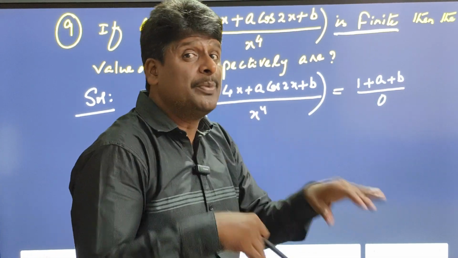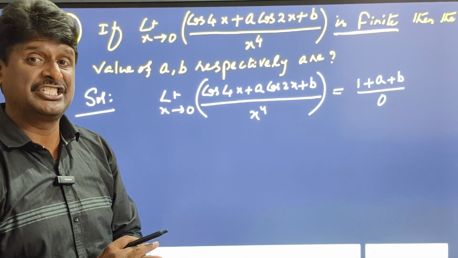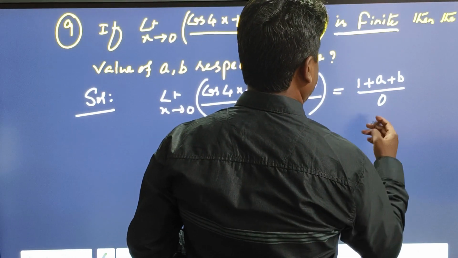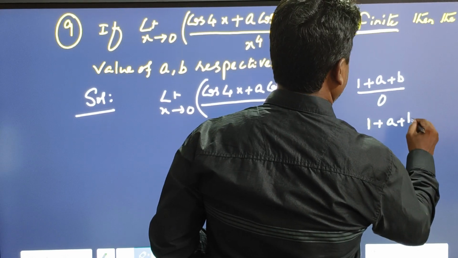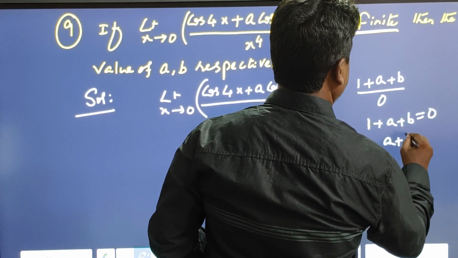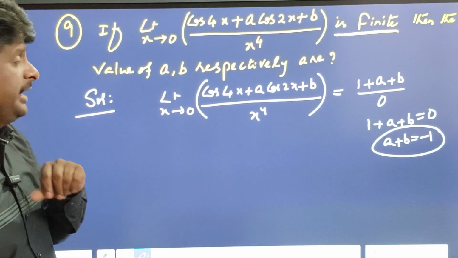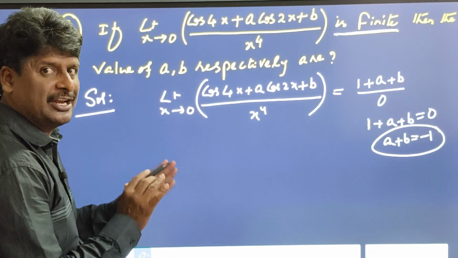The denominator is 0, and the numerator involves unknown terms. That's why, to use L'Hospital rule, the numerator should be equal to 0. 1 plus a plus b is equal to 0. That is, a plus b is equal to minus 1. Okay. Next, now we have the right to use L'Hospital.